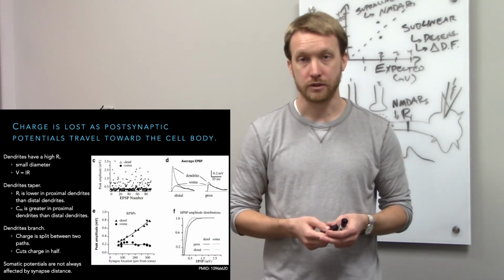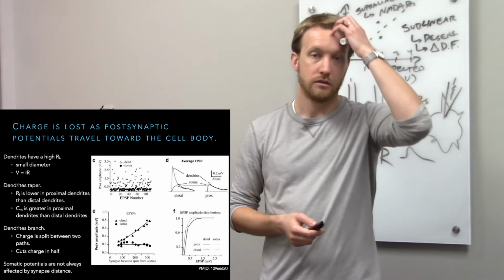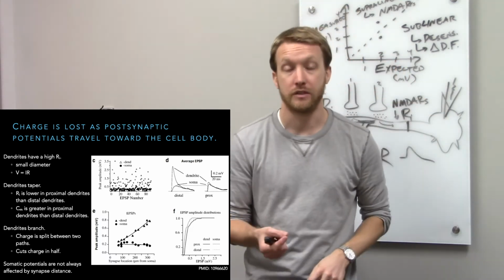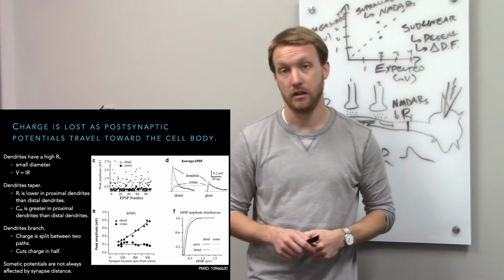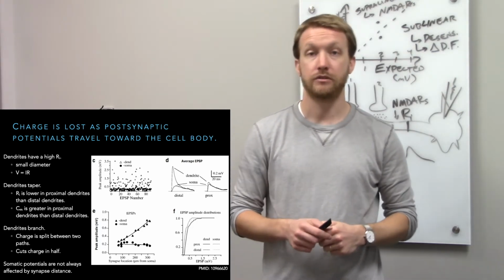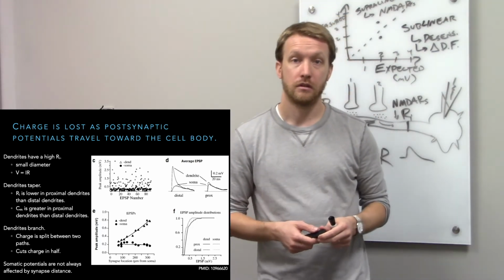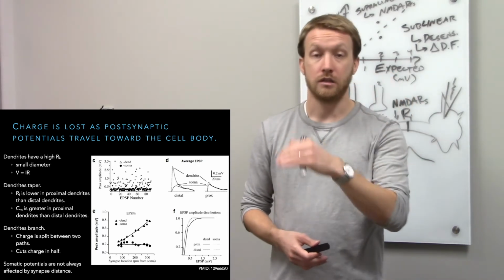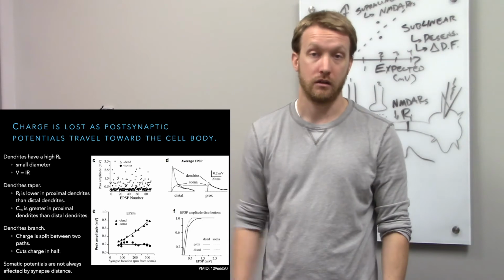Of course, that's not always true. Dendrites aren't always going to be passive. We can have enough depolarization to stimulate active conductances. Dendrites are excitable. You don't always see that drop in somatic potential as you move away from the cell body.